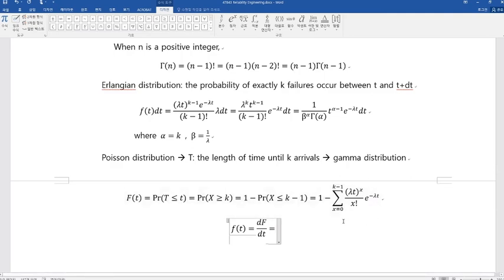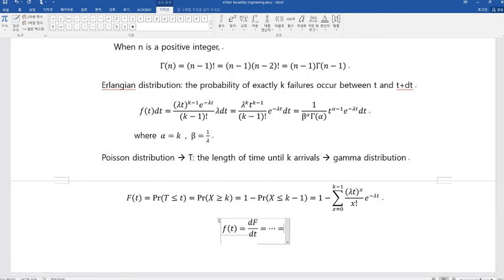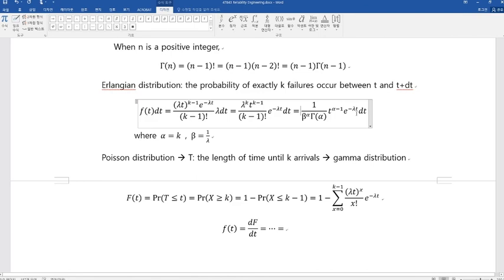So by differentiating this, and if it goes on and on, you may be able to do it yourself. We will be able to arrive at the exactly same equation.